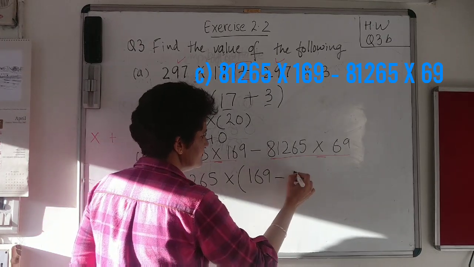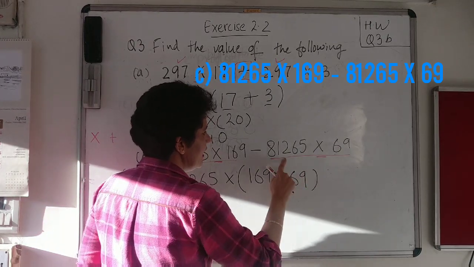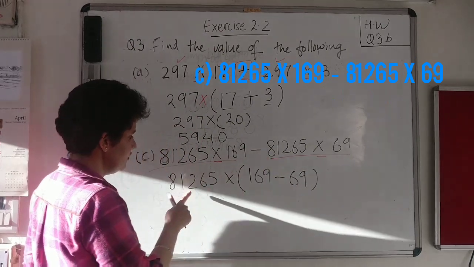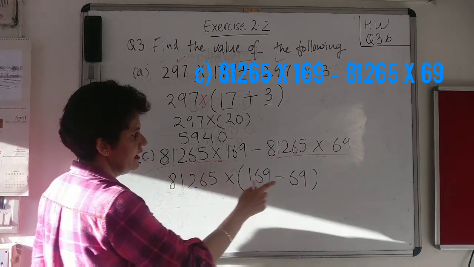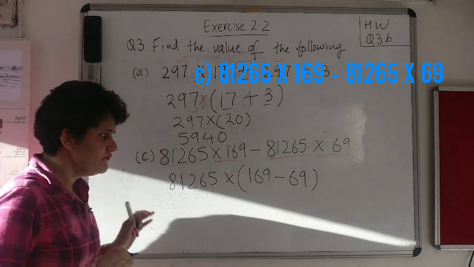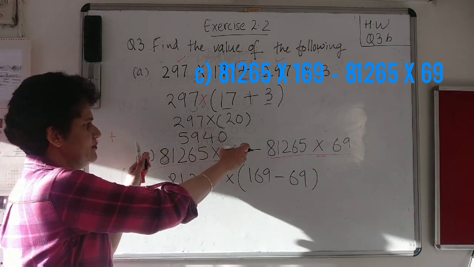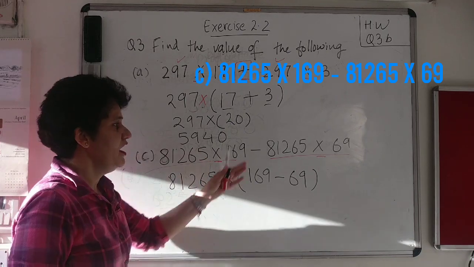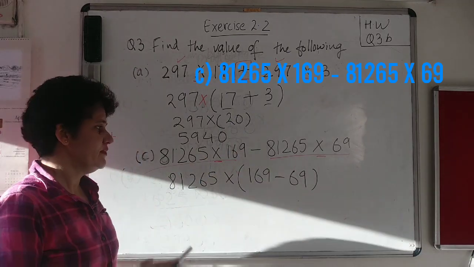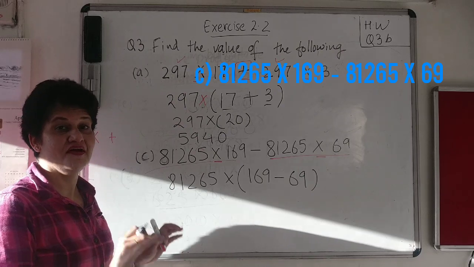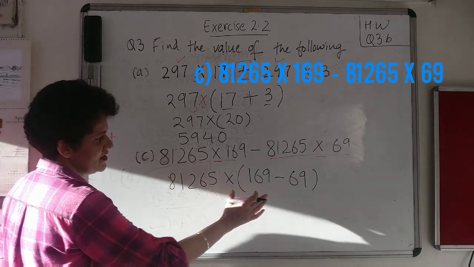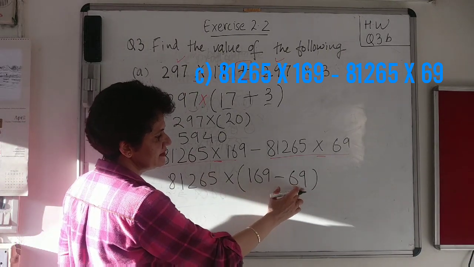Now what do I have? 69, I'll write that. Why did I skip this? Because I've already taken it outside. And then when I do this, see how easy the question is. Now I don't have to multiply these two together and find the product and then subtract. That is a long way. By applying properties, this becomes very, very easy. So let's see, 169 minus 69.